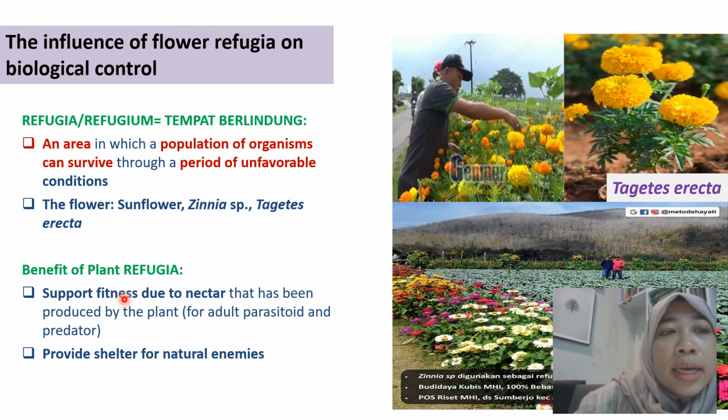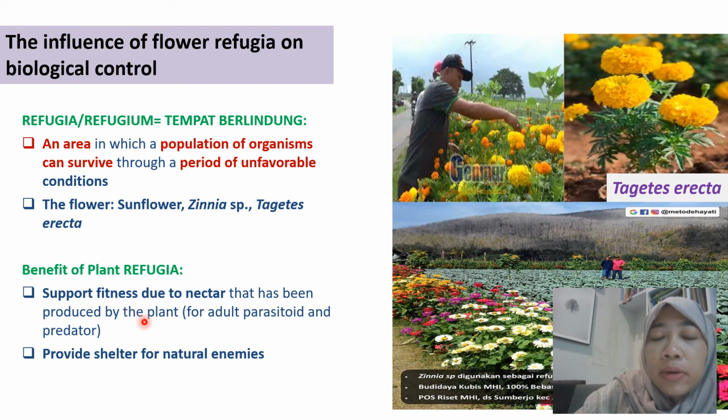And then this is the influence of flower refugia on biological control. Refugia is an area where a population of organisms can survive through a period of unfavorable conditions. So we plant many flowering plants, for example Tagetes erecta, sunflower, zinnia, and so on. What are the benefits? It supports fitness due to the nectar produced by the plant.